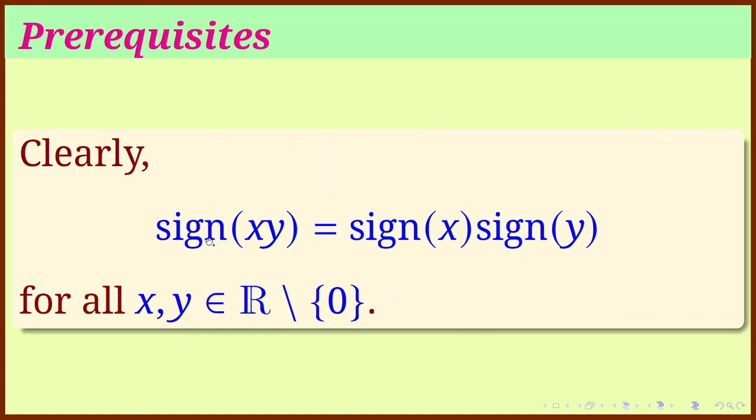Clearly, this sign function is distributive over multiplication. Sign of the product of two non-zero real numbers is the same as the product of the signs of the two non-zero real numbers.